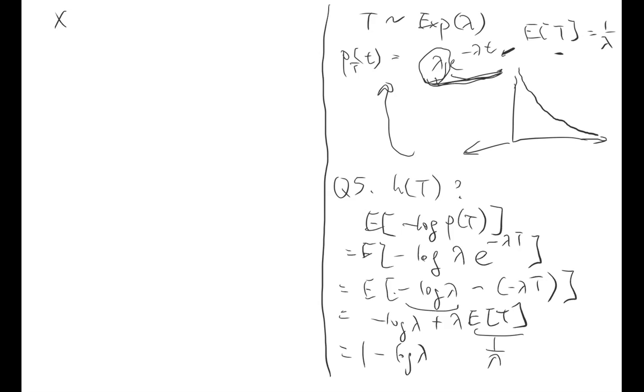So let's say X is Gaussian. Actually, I can make it zero mean, but let's say I have a mean mu. Here I can use natural log or log base 2, it doesn't really matter.